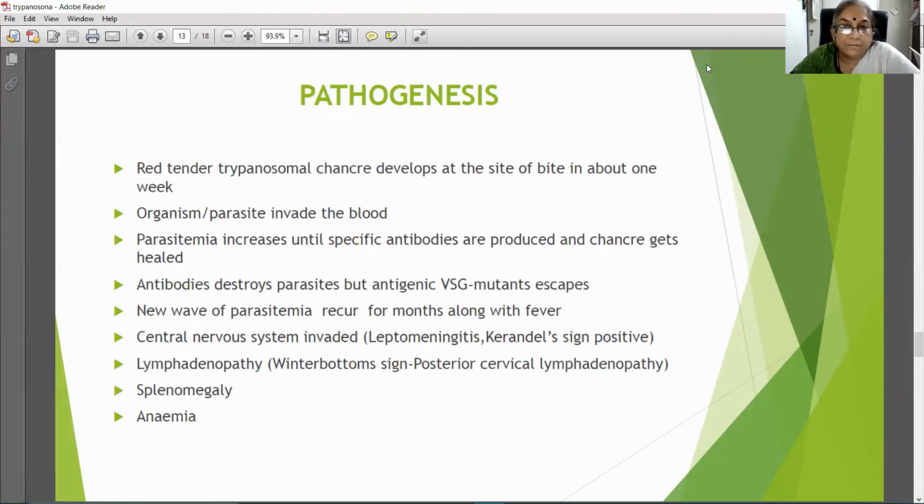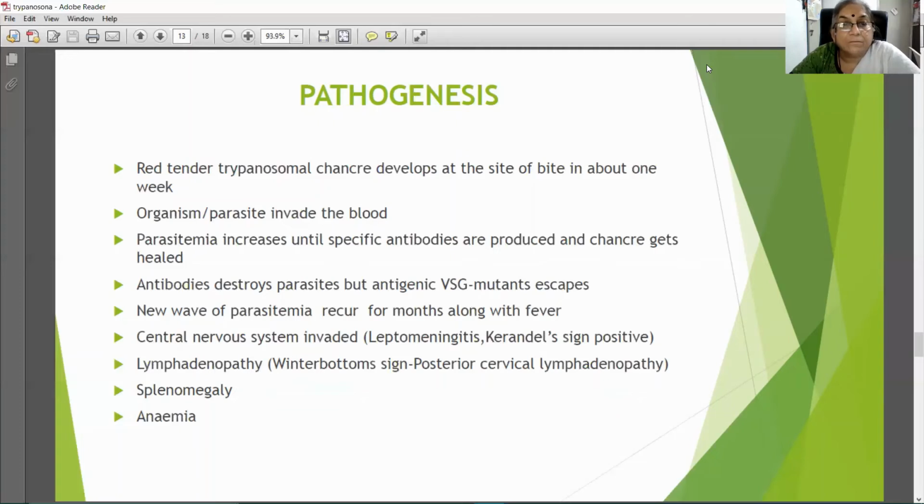Because of this ability of the parasite to change the variant surface glycoprotein, even when the antibodies are formed in the body, a few of the parasites will escape destruction by the body and start multiplying. That's how parasitemia is constantly in the body and the person is going to develop fever.